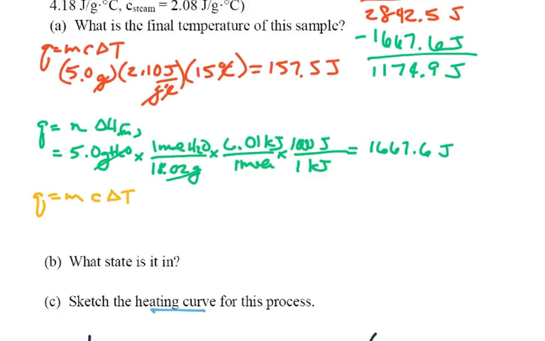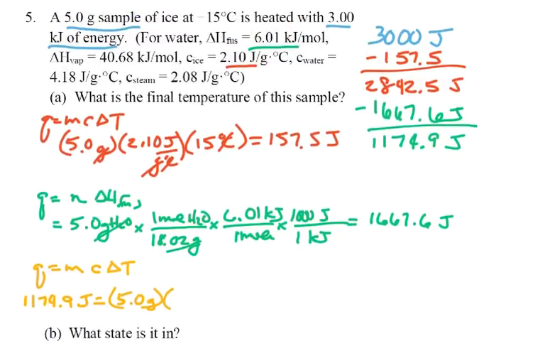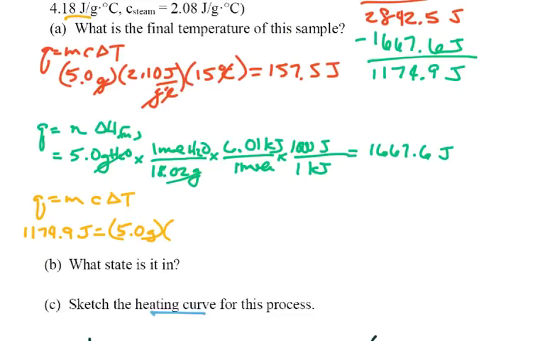And this time I know my energy, so I have 1174.9 joules is equal to, I have my 5 grams, and I have C, which now this is for liquid water, so 4.18 joules per gram degree.